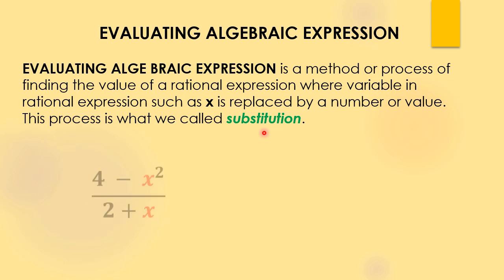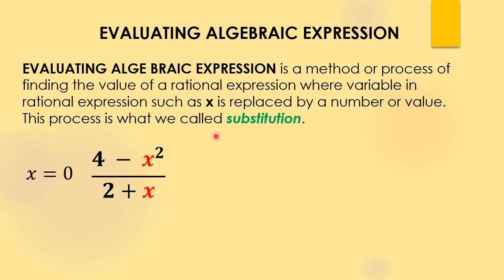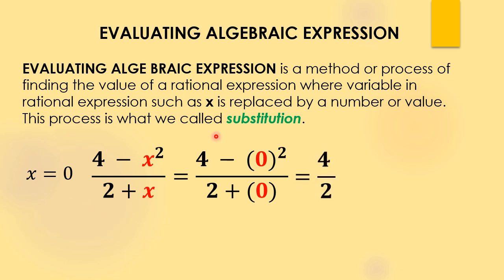So what are examples? Let's say I have 4 minus x squared over 2 plus x. If I replace the variable x with its value, let's say x is equal to 0, then the value of our expression will be equivalent to 2.